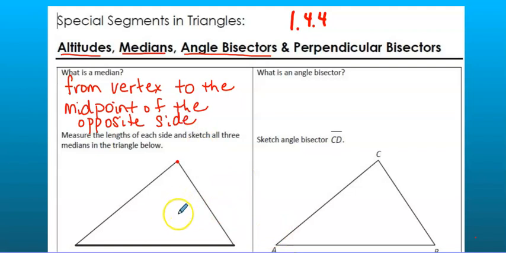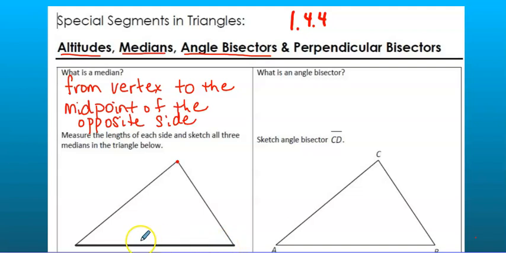So if I were going to draw a median from this vertex to the other side, it would go from the vertex to the midpoint.